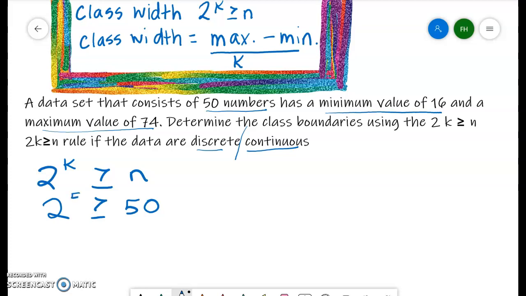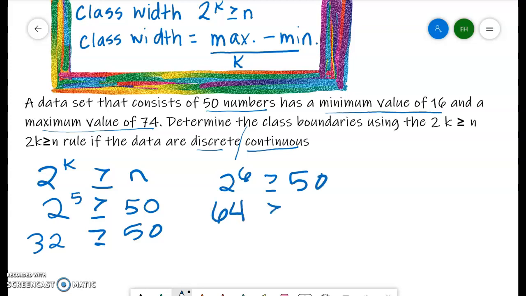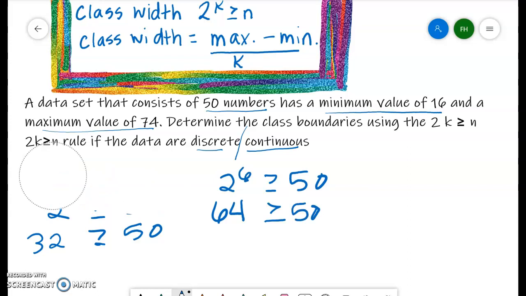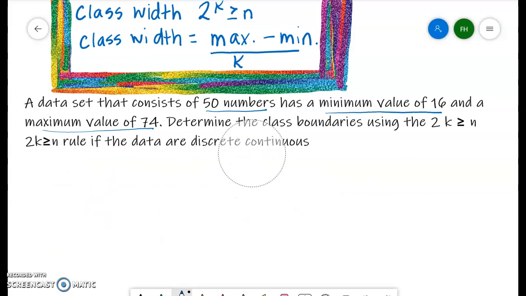So 2^5 would be 32, which is not greater than or equal to 50. 2^6 is 64, which would be greater than or equal to 50. So the number of classes we're going to have is 6.